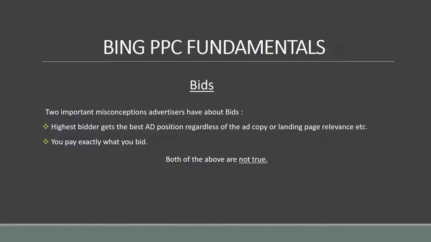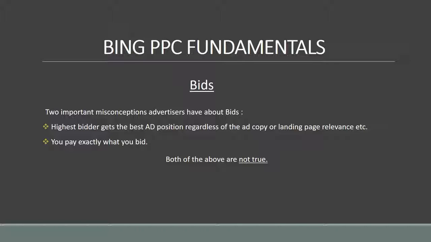While it's true that if you bid high enough, you get the best position, if your CTR is not good because of poor ad copy and a lower quality score, Bing may charge you close to what you bid, and also the advertiser who was bidding less than you with a better CTR may be paying less than what he is bidding and getting as close to a position as yours.